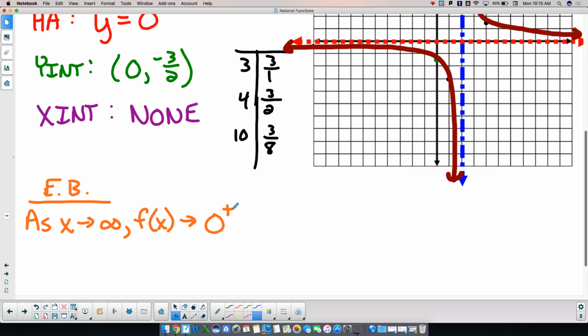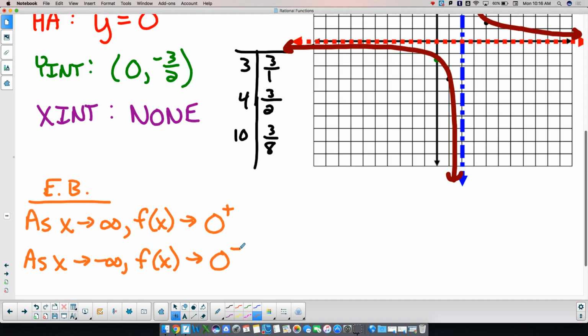Alright, so that's one of them. What's the other one? F of x goes to 0 from below. Yep. And on the left side of the graph, we're below the asymptote. Yep.